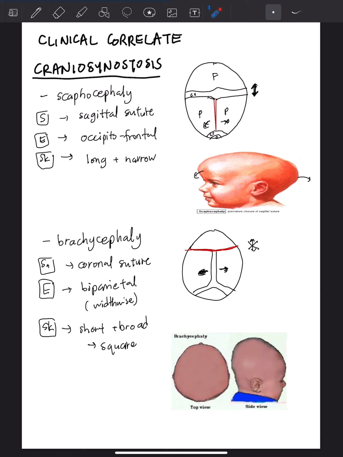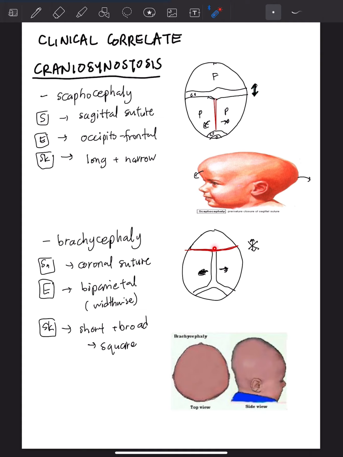Another more extreme kind of craniosynostosis is when you have premature closure of all your sutures. The coronal suture is closed, the lambdoid suture is closed, the sagittal suture is also closed, but sometimes the anterior fontanelle is still somehow open.